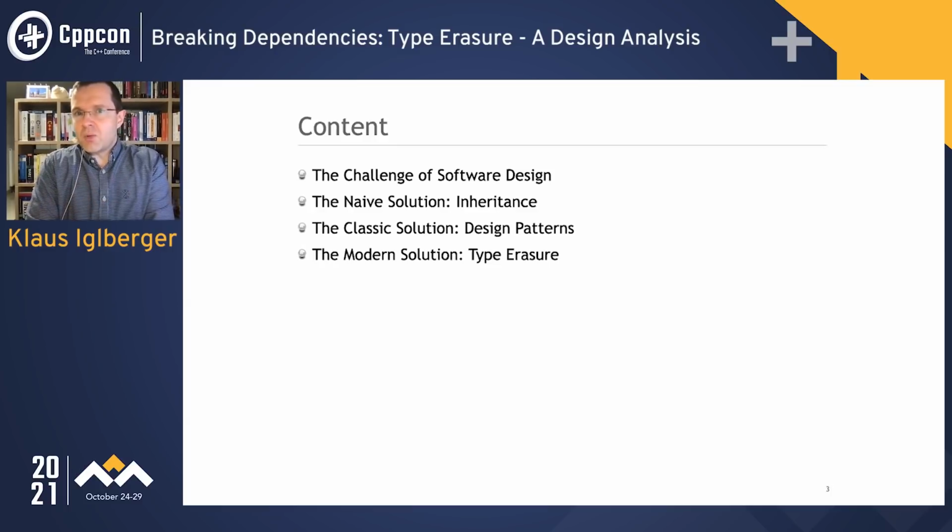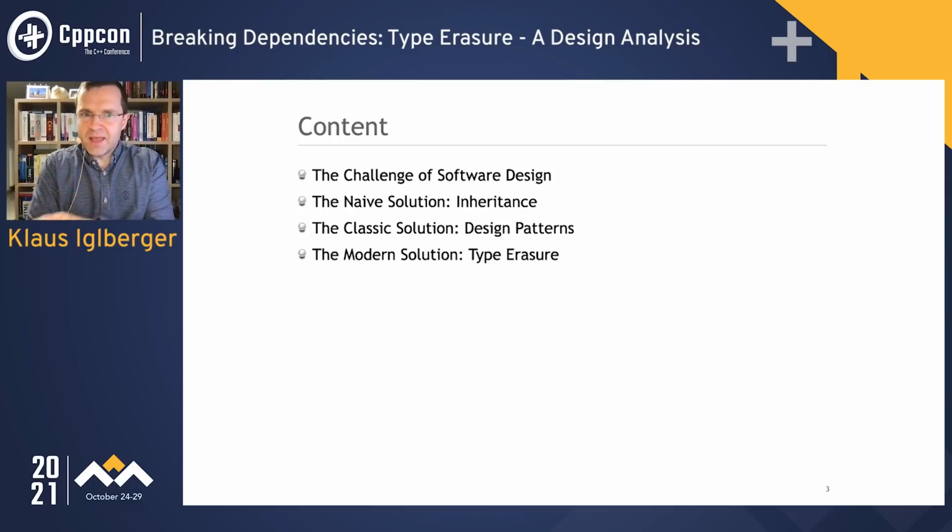The goal of my talk is that after this talk, you should have a very good idea about type erasure, not about every single implementation detail, which I leave away, but about why this is something that you should be interested in from a design perspective. You should also have a pretty good idea which design patterns we use in order to make all of this magic work.